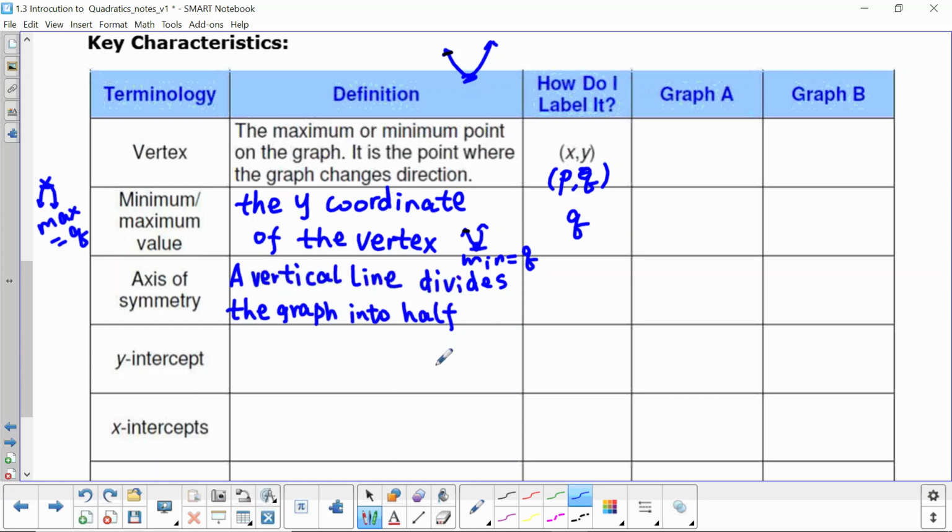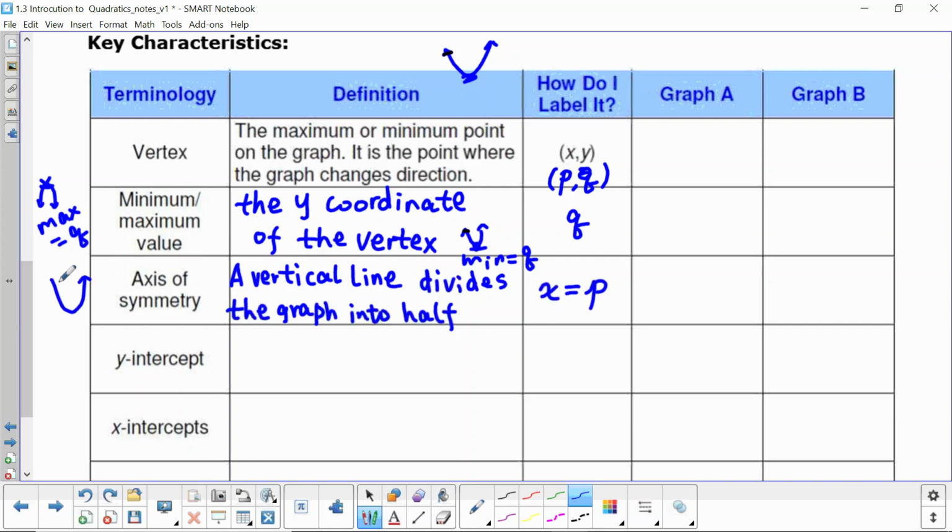And these two halves are equal, okay? They are equivalent. It's half-half, so if you turn it 180 degrees, they will overlap. And the equation for this one, because it is a vertical line, you could write as x equals the p value, the x coordinate of your vertex. That is the equation of your axis of symmetry.